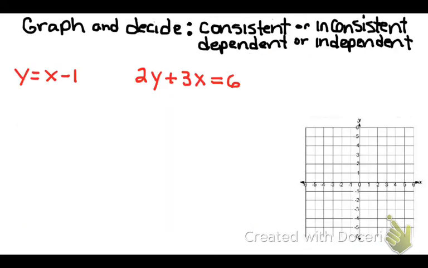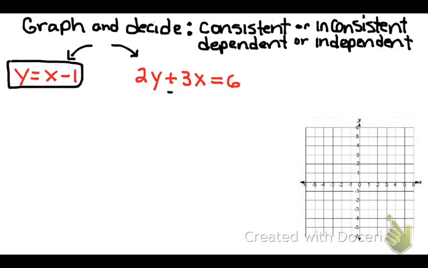So my linear system consists of these two equations. We're going to graph them and decide if they're consistent, inconsistent, dependent, or independent. So y equals x minus 1 is already in slope-intercept form, so I'm going to leave it. But we're going to have to rework the second equation.